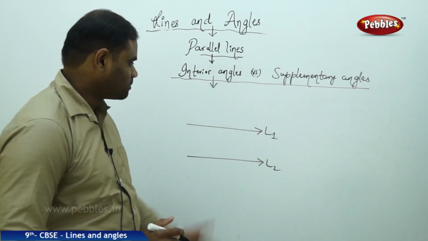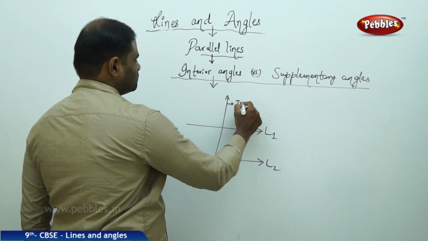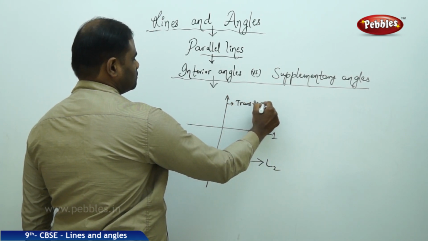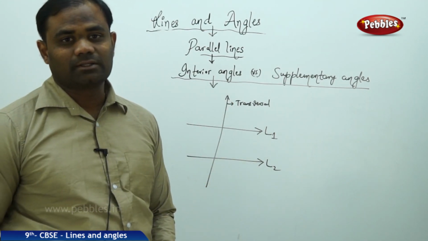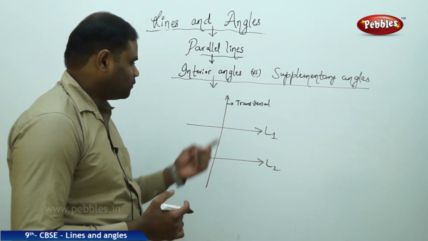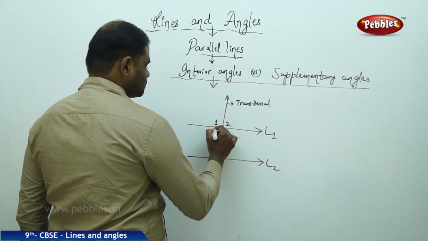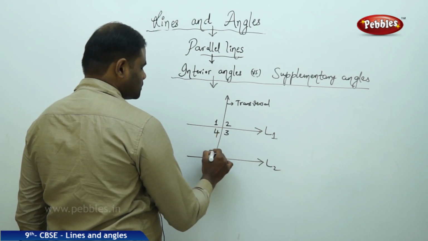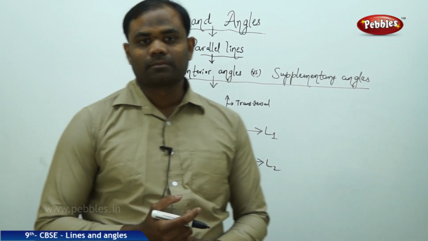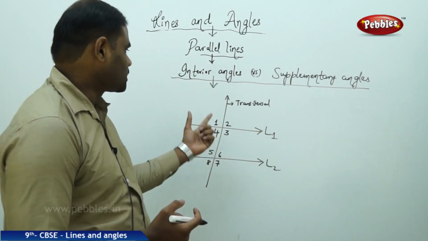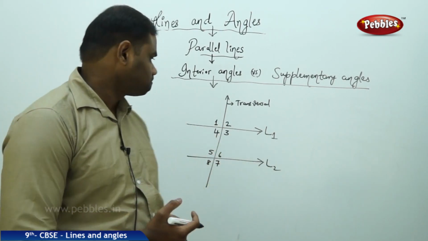Now with these two lines being parallel, let's take a transversal here. Now with this transversal, we know that there are 8 angles formed, with 4 angles formed with L1 and 4 angles formed with L2.